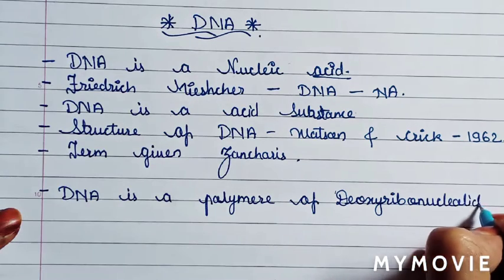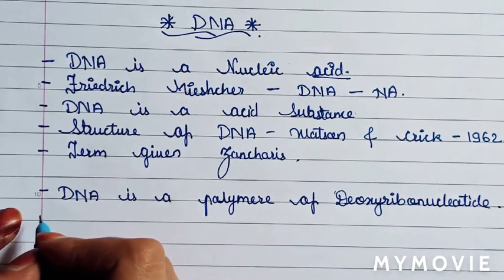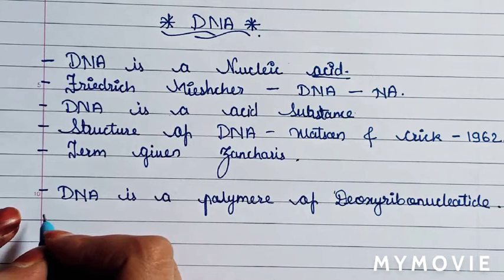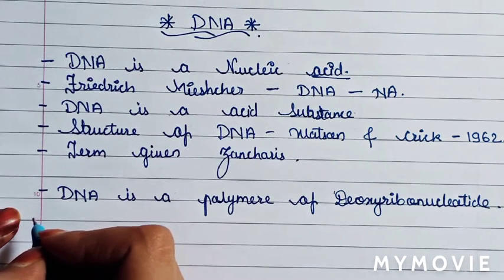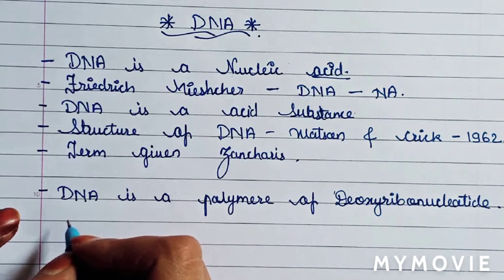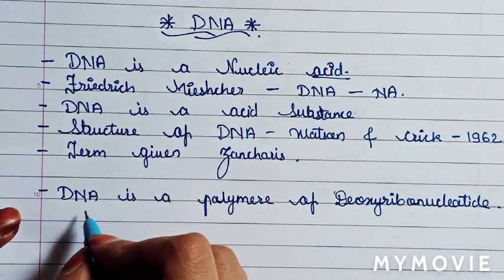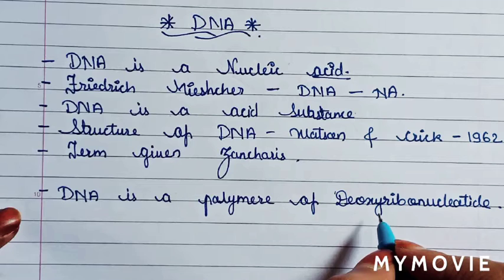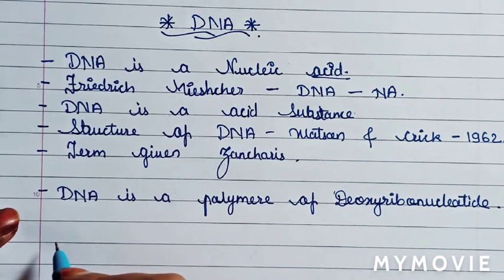There are two types of pentose sugar, ribose sugar and deoxyribose sugar. In case of DNA, there will be deoxyribose sugar, and in case of RNA, there will be ribose sugar.